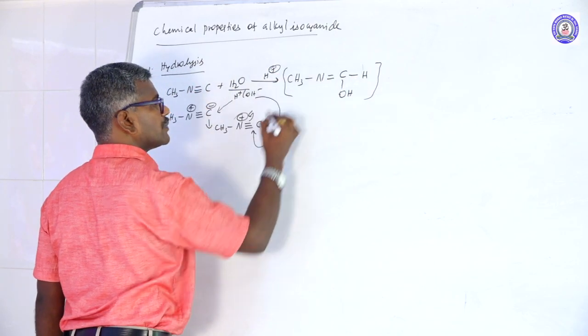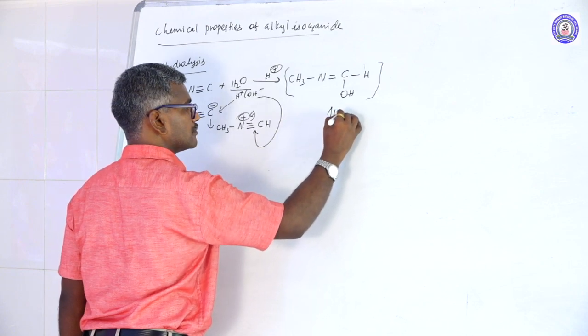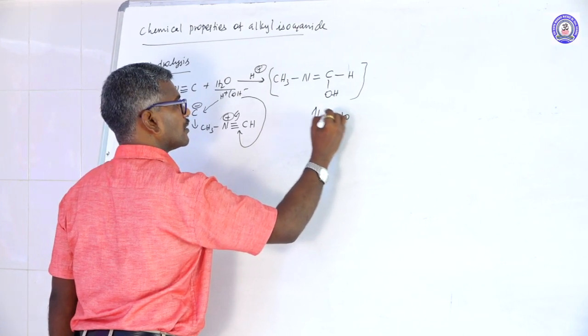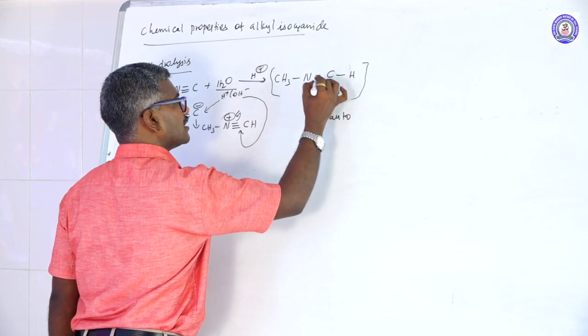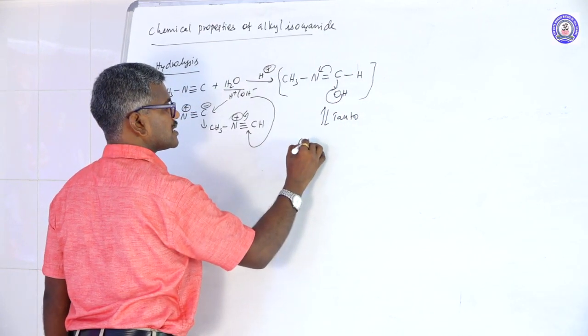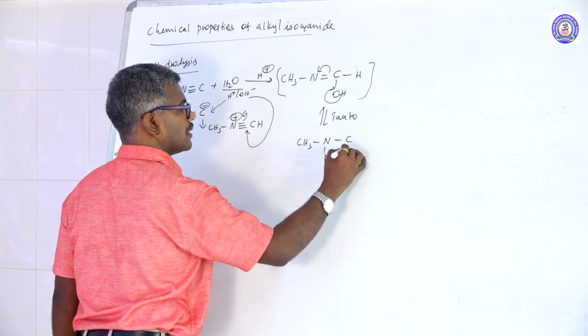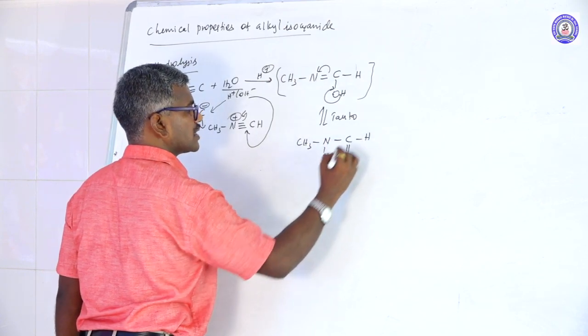This compound is unstable. It undergoes tautomerism; this bond is shifted here. So we get CH3NH–CH=O.